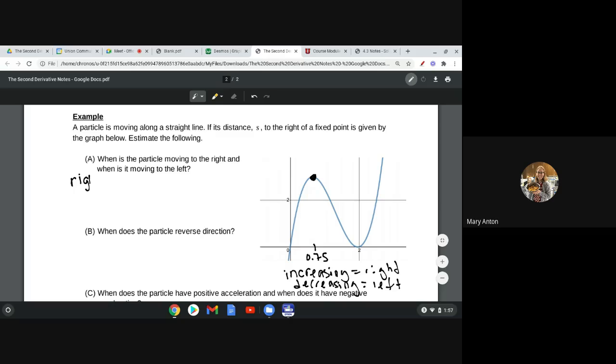So we're moving to the right when 0 is less than x is less than 0.75, if we call this the x-axis. Is there any other time that we're moving to the right? 2 and on. So we'll say when x is greater than 2.